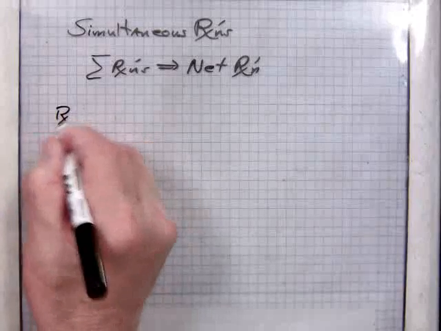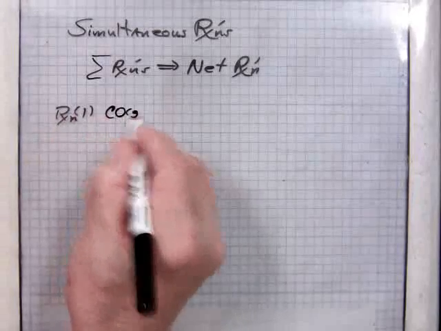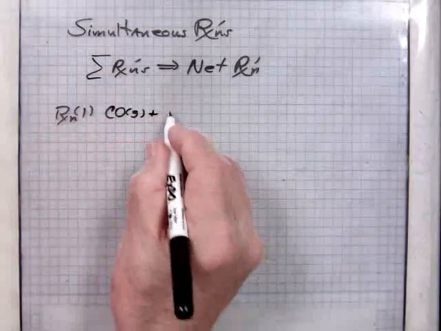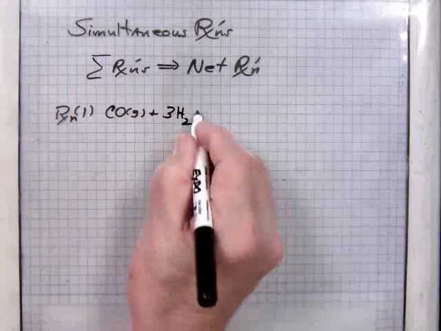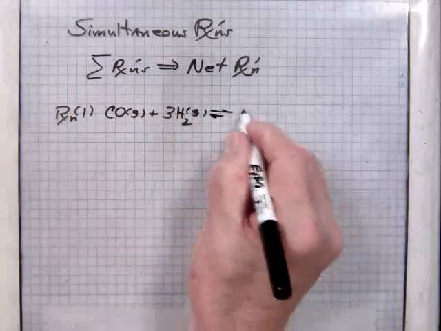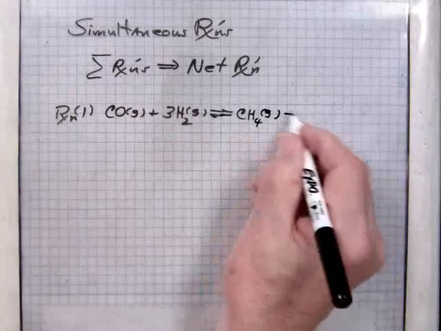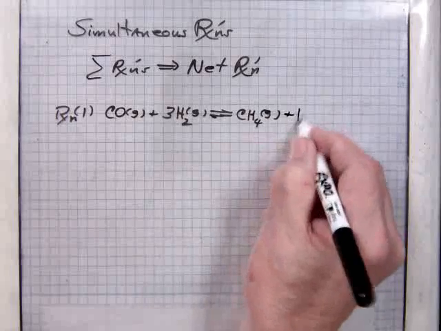We call this reaction 1, and it's carbon monoxide gas plus hydrogen gas in equilibrium with methane gas and water gas.